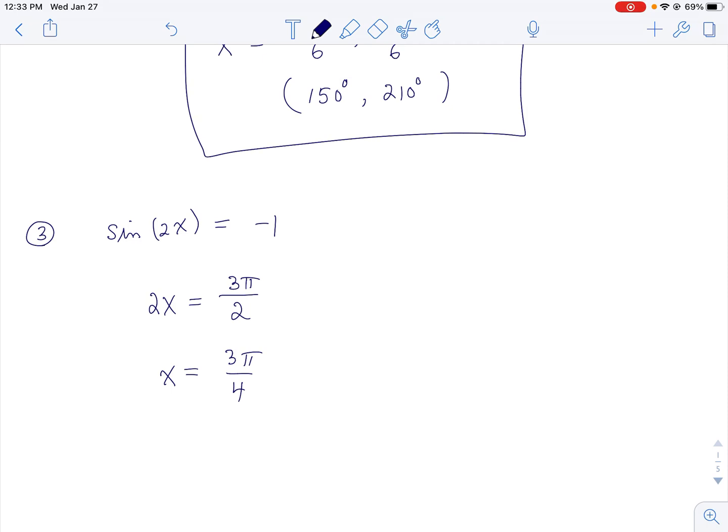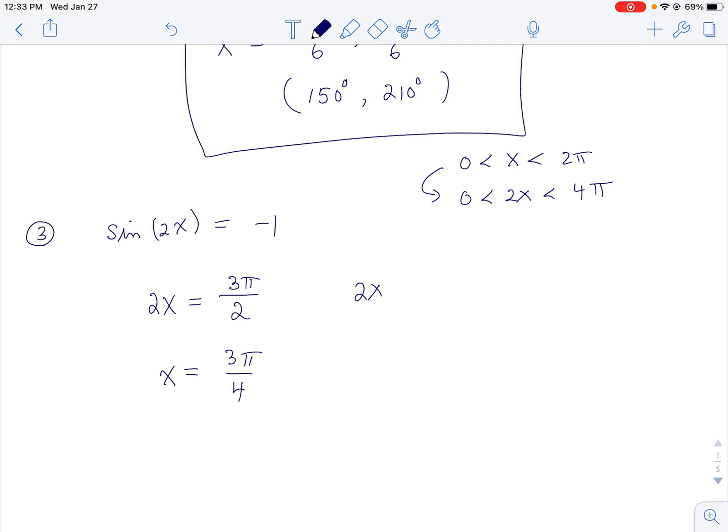You're not quite done because at the end of the problem, you took half. And remember, I want all the answers where x is between 0 and 2 pi. So if you think about it, if x has to be between 0 and 2 pi, then 2x has to be between 0 and 4 pi, just by kind of doubling that inequality.